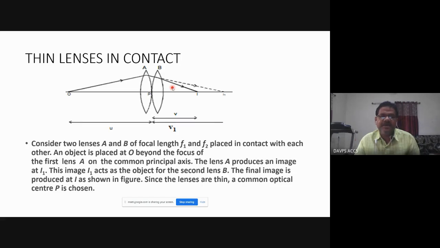An object is placed at point O. The lens A produces an image at I1, and this image I1 acts as the virtual object for the second lens B. Hence, a final image is produced at I. Clear? Next.